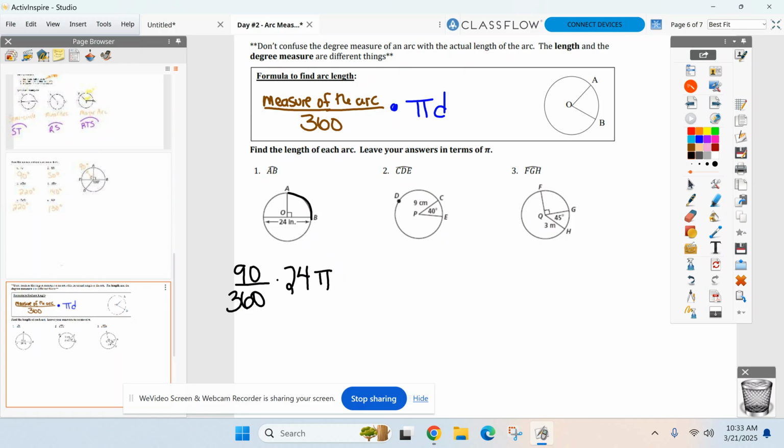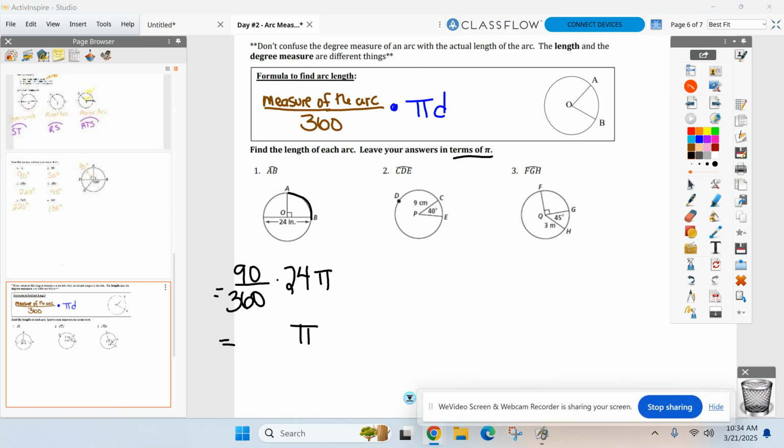Pi. Now let's get to the directions. We've seen these directions: leave your answer in terms of pi, which means your answer has to have pi in it. I'll help you. It's got to have pi, but you still have a fraction and 24 to multiply. We're not just leaving that as my answer. That's grotesque, and an embarrassment to the math community if you leave it like that.